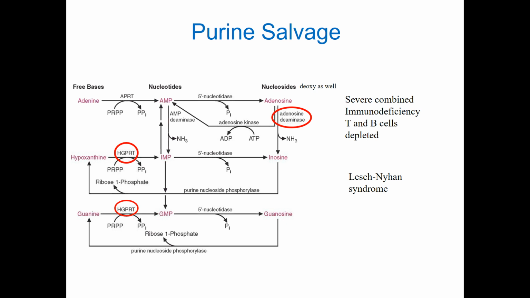It's a very devastating neurological disorder. It proves how heavily the brain relies on these purine salvage pathways. And then lastly, if we lose the function of this purine nucleoside phosphorylase here and here, we end up with a PNP deficiency that also has a huge impact on our immune system cells, specifically the T cells.